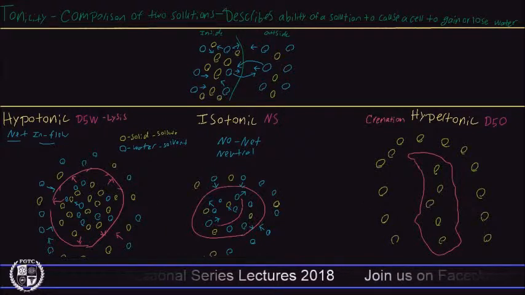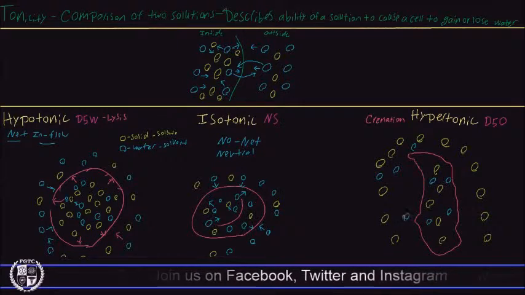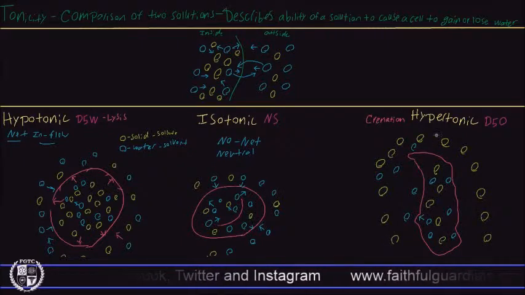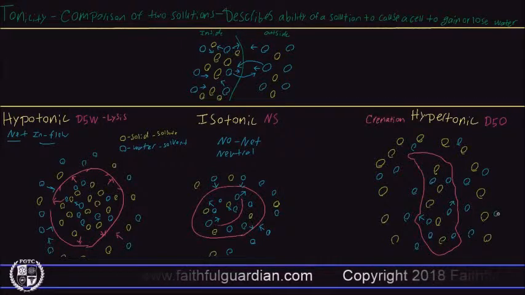With all of these solid particles that I have outside the cell, they are more likely to prevent fluid from entering the cell than vice versa. So this is going to cause my cell to end up actually losing some of its shape, because part of what gives the cell its shape is the fluid that is contained within it, so these water molecules.